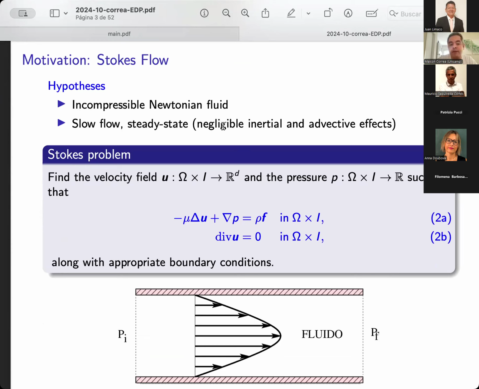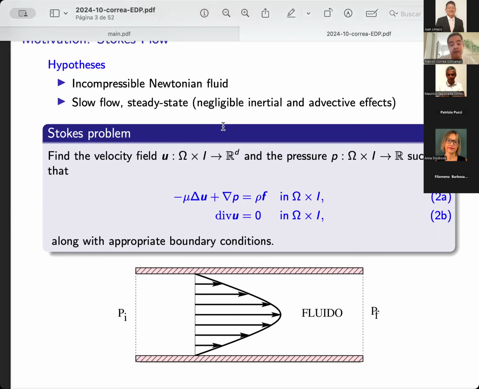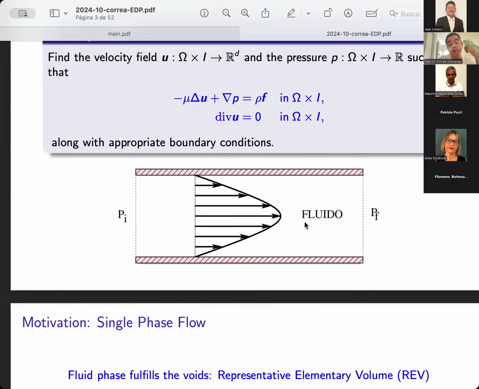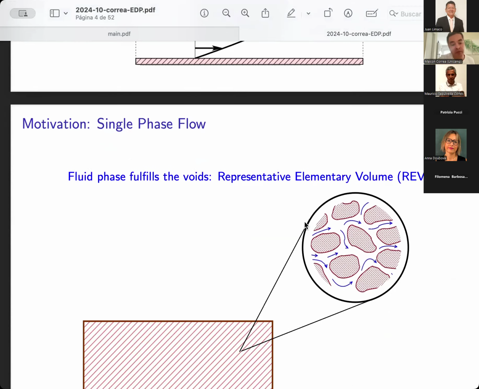So with these assumptions, we have here the Stokes problem, with the simplified equation for the balance of the linear momentum, this 2A, and again, the same equation for the mass balance, the divergence of the velocity zero. This is also known as the incompressibility constraint.